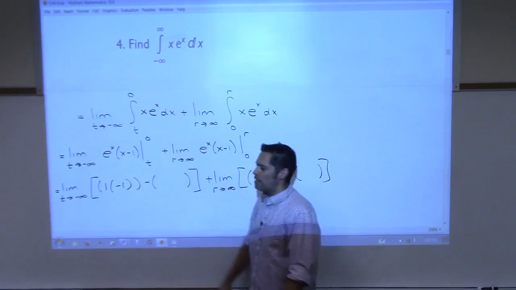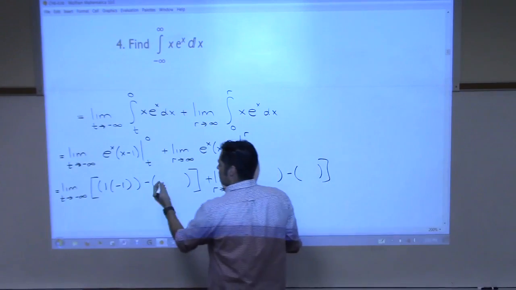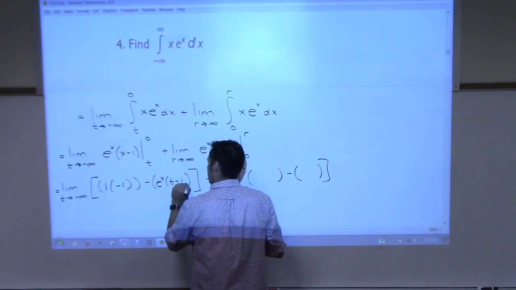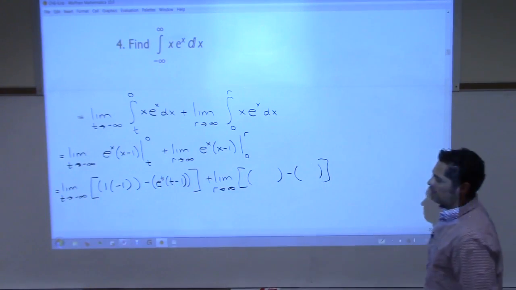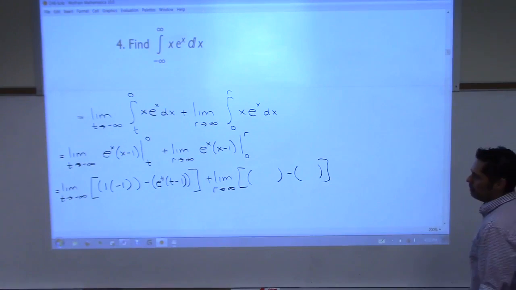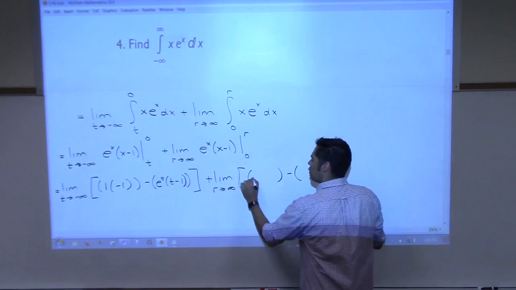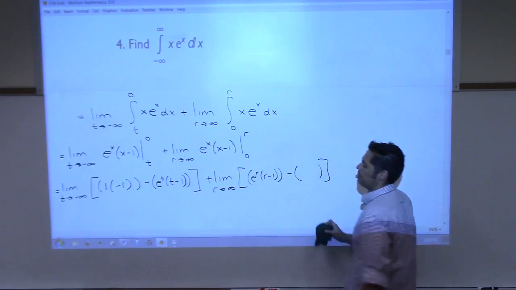So this is going to be 1 times negative 1, which is negative 1, right? Then I plug in t. And when I plug in t, I can't really do anything. e to the t, t minus 1. Got lots of parentheses there, don't I? How about over here? Plug in r. So e to the r, r minus 1.